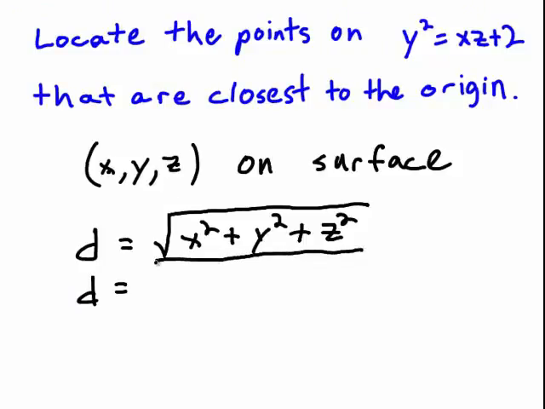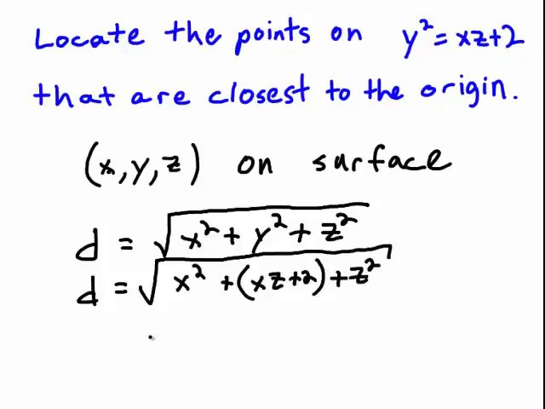So the distance is equal to the square root of x squared plus y squared, which is x times z plus 2, plus z squared.